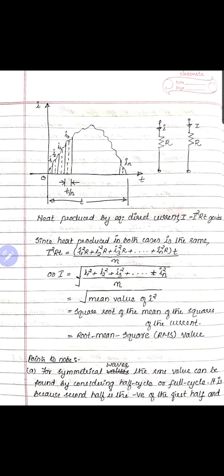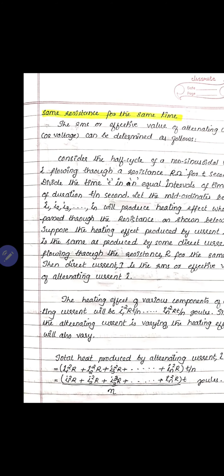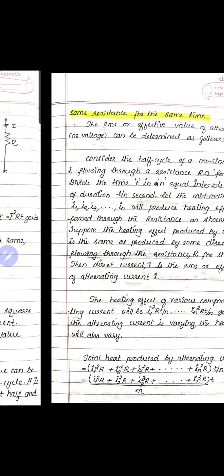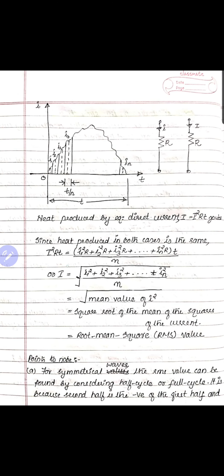Since heat produced in both cases is the same, I square RT is equal to this quantity, and R and T on both sides get cancelled. I is equal to root of I1 square plus I2 square plus I3 square up to In square, divided by n. So it is the root of the mean value of I square. That's why it is called the square root of the mean of the square of the current, or root mean square value.